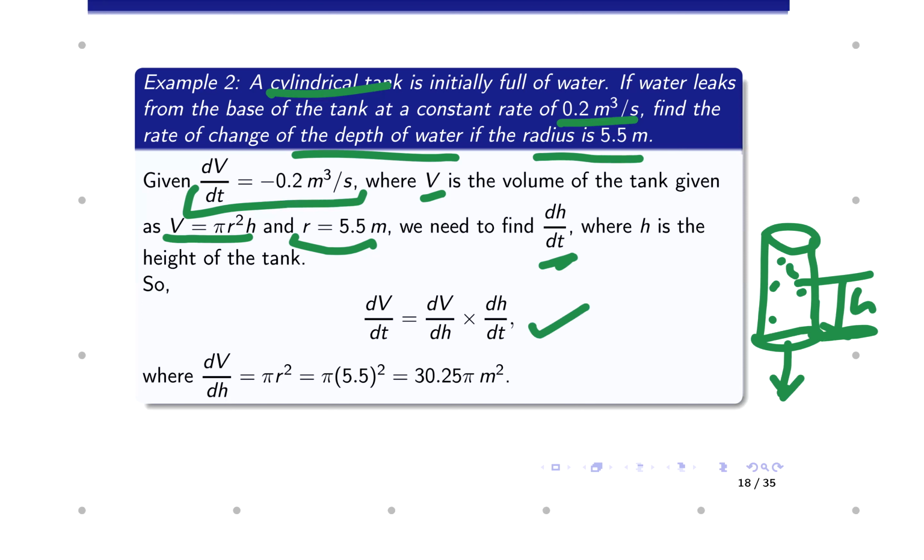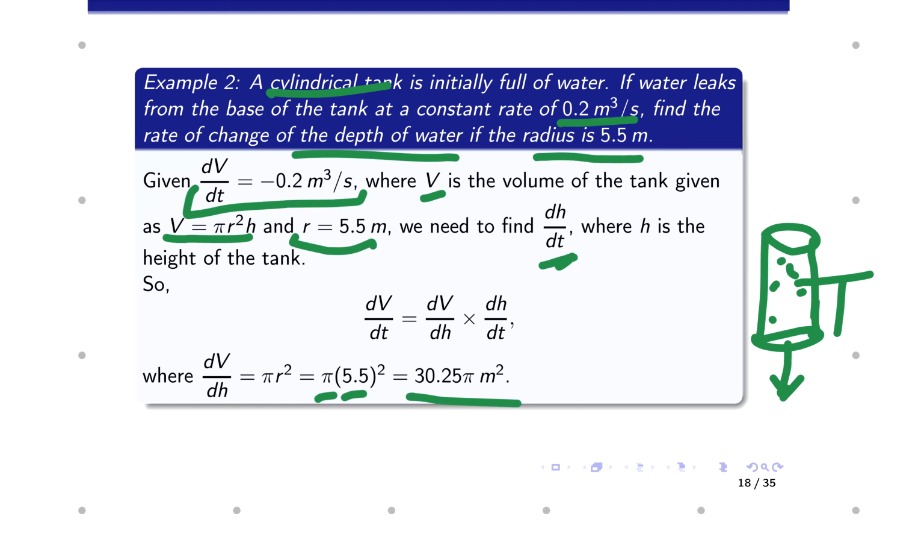But there's also radius there. dV/dh is the rate at which the volume is changing with respect to height. So if you differentiate this with respect to h, the h will drop off, so you have pi r squared. That's the cross section of the cylinder, right? So dV/dh equals pi r squared. The radius is 5.5 meters, 5.5 squared times pi is 30.25 pi meter squared.